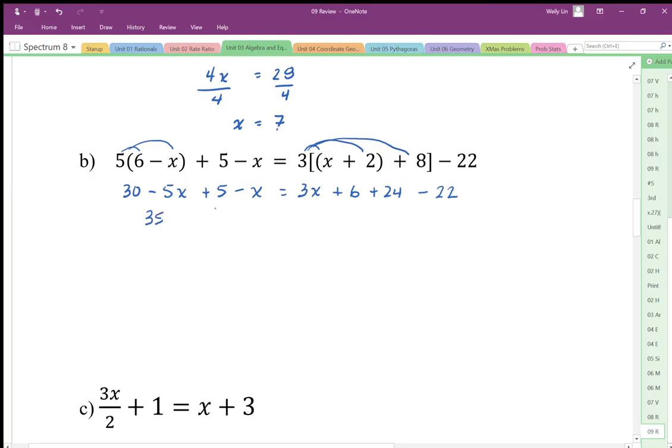So I don't want to do too many steps, especially when there are lots of terms in here that I've got to keep track of. Okay, so I got 3x on this side, and 30 minus 22 is plus 8. Okay, so I'm going to subtract 8, I'm going to add 6x.